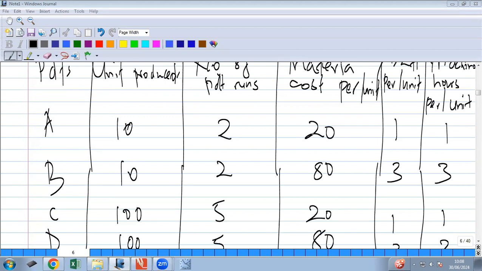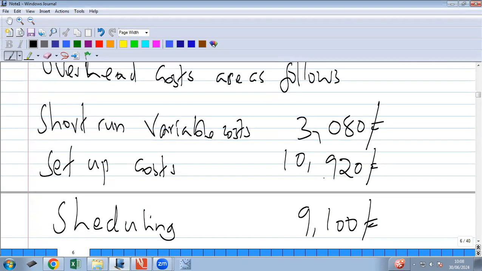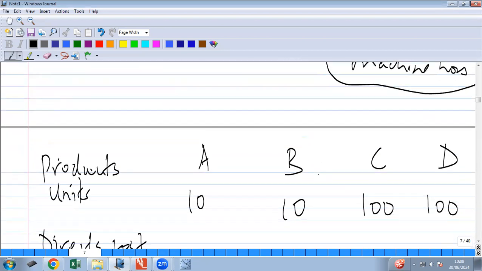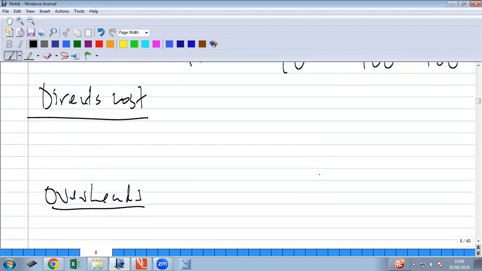Okay, let us start with direct costs. Right, so we can have a schedule of where we're going to have our costs, direct costs and overheads.